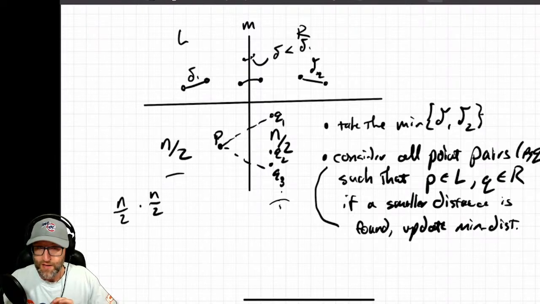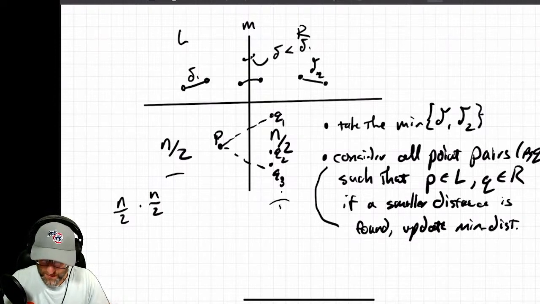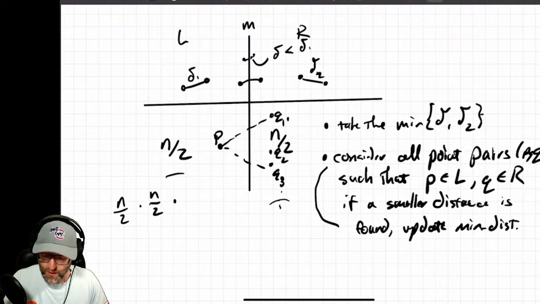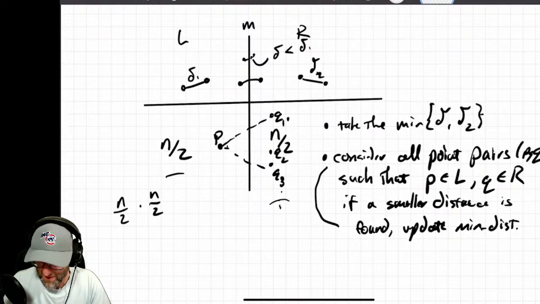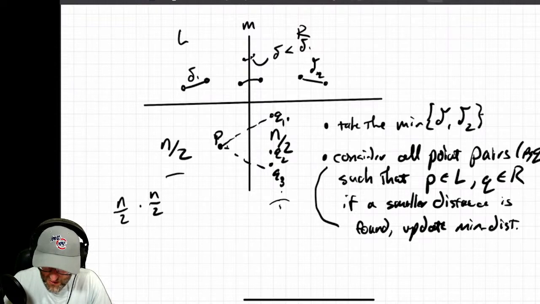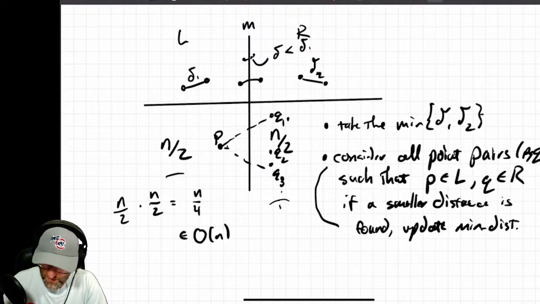But you can take out the duplicates. If I choose P over here and Q over here, I don't have to then choose Q and then P. So it's going to be roughly half of that. It doesn't really matter. You can already see what this is going to be. It's still going to be order n, so in other words, this is going to be a linear amount of non-recursive work.